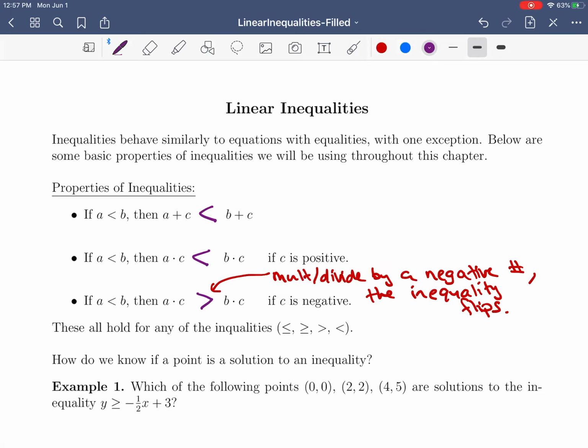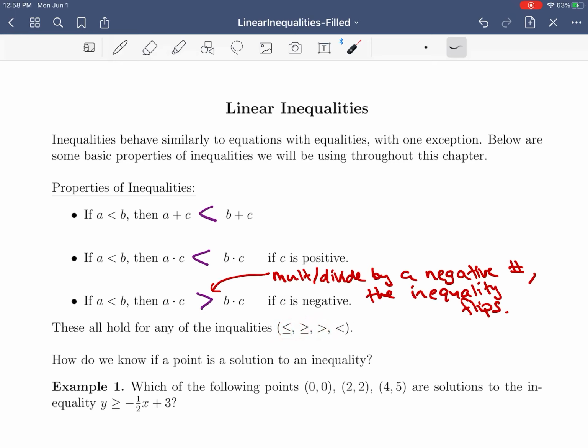Then you might be manipulating them a little bit, so you want to be careful that they act just like equalities, except if you multiply or divide by a negative number. Now, I wrote all of these rules with less than, but they're true for all of them: less than or equal, greater than or equal, greater than or less than.